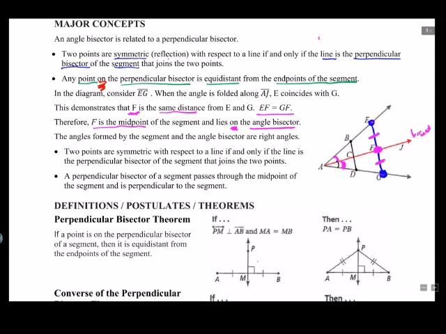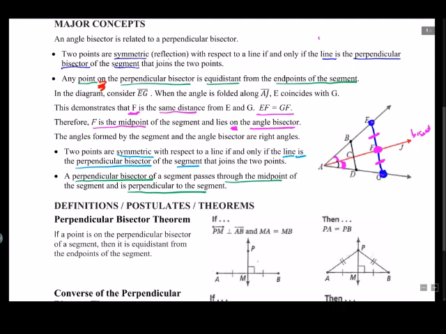Let's look at our next 2 ideas here. 2 points are symmetric with respect to a line if the line is the perpendicular bisector of the segment. So this is kind of the opposite of what we just did. And a perpendicular bisector of a segment passes through the midpoint and is perpendicular to the segment.